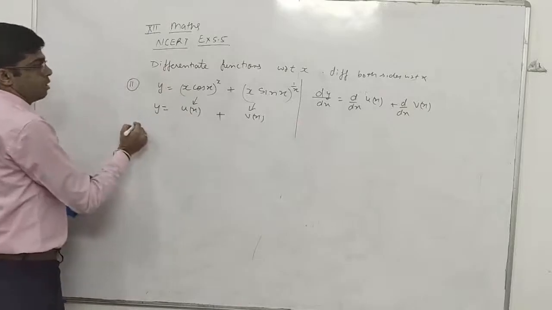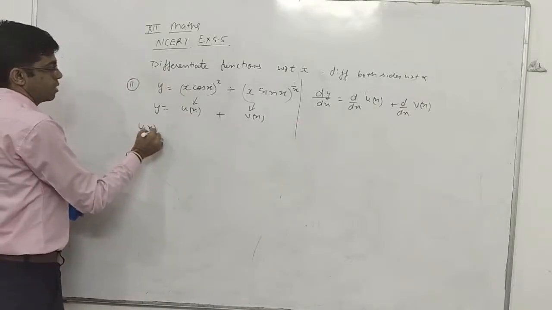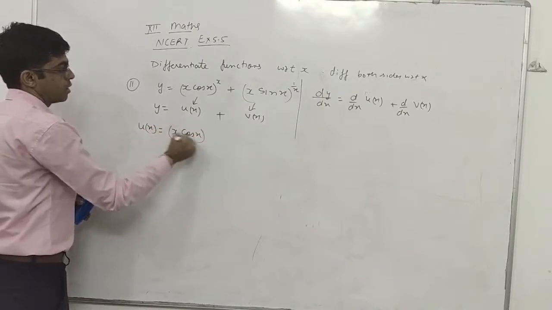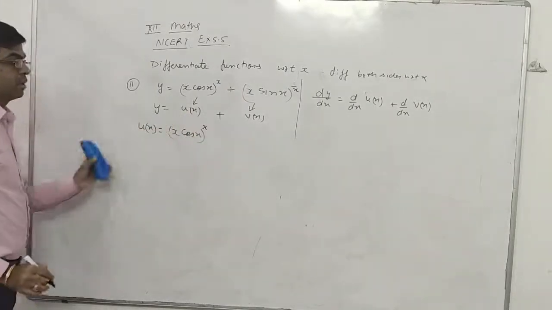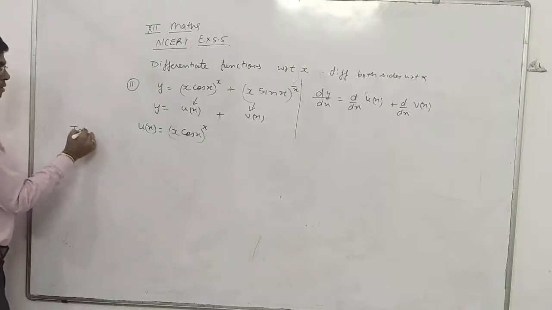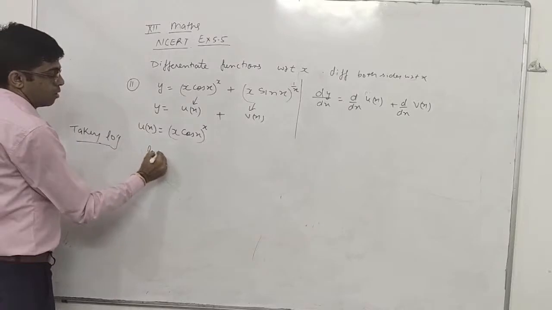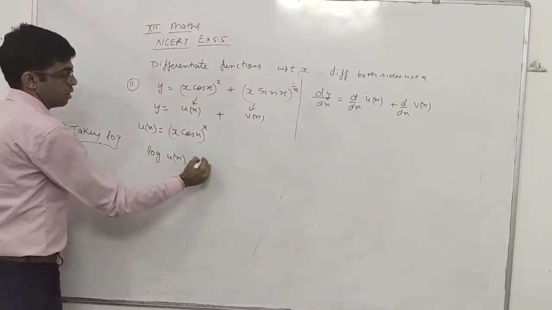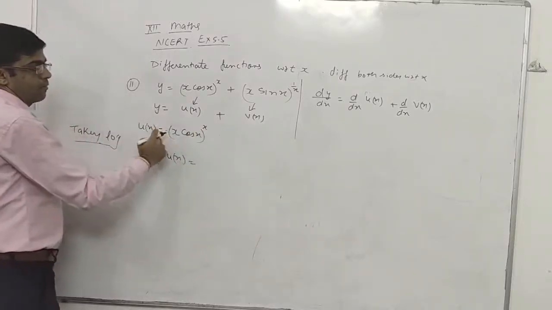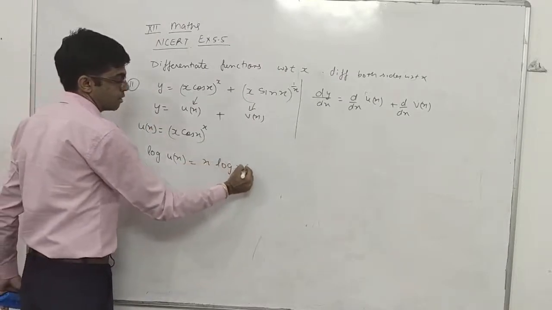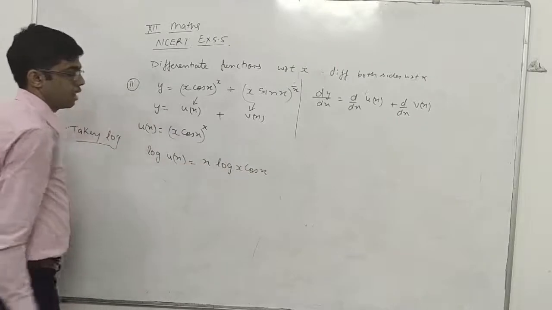So firstly we will take u(x) equals (x cos x) raised to the power x. Taking log both sides, log u(x). As you know that when we take log, this power will come outside: x log (x cos x).